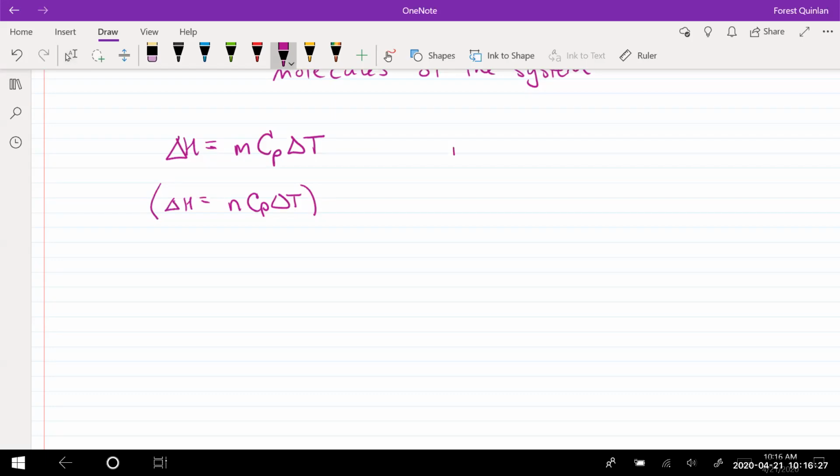So M is the grams. And CP is what we call the heat capacity. And this is given in joules per gram per degree Celsius. Actually, M I don't want to say is that. I want to say it's mass, which is in grams. There we go. That's how I wanted to do it.